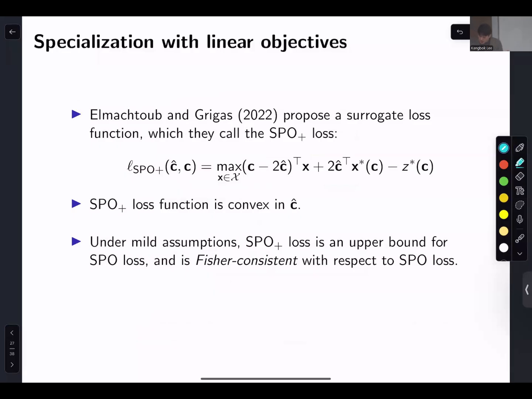Not only is it tractable, it's also an upper bound for the original loss I showed you. More importantly, it's consistent with the original loss function, in the sense that with infinitely many data points, it'll eventually converge to the true loss function. It's a nice paper. It's worth a read. Highly recommended.